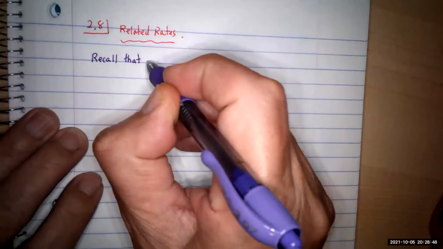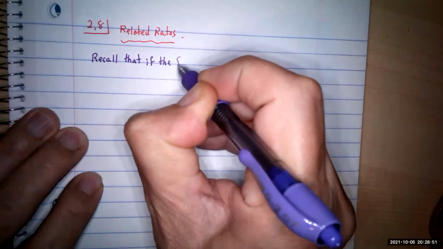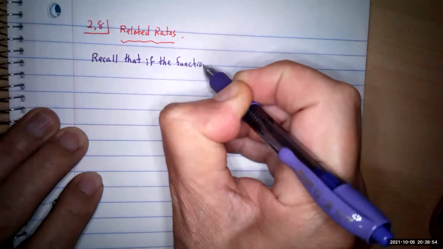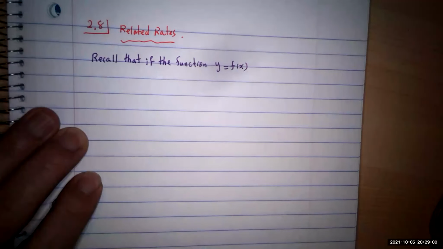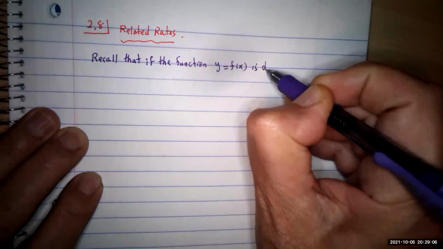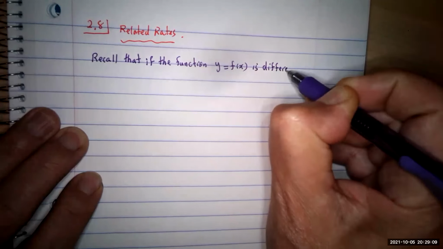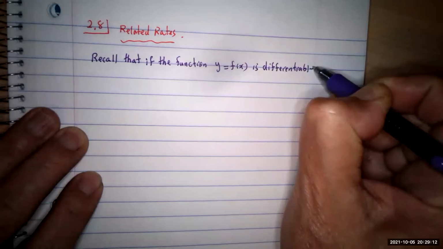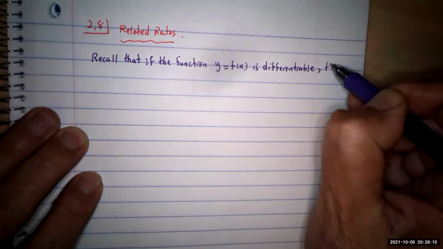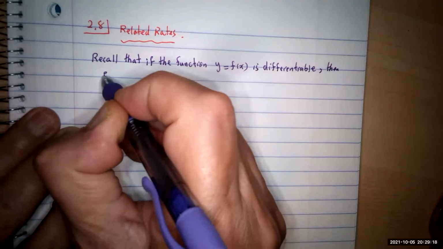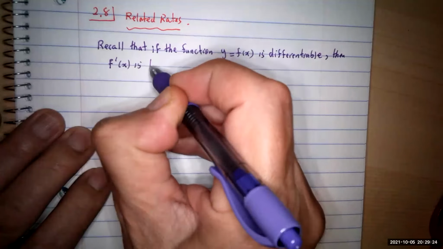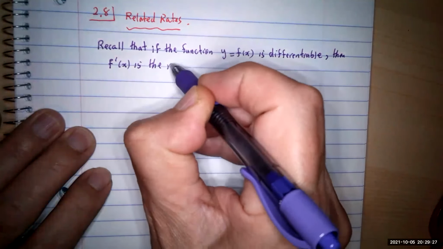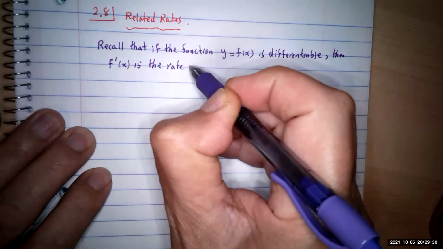Recall that if the function y equals f of x, like y equals x squared, or y equals x cubed minus 2x plus 1, is differentiable, meaning we can find the derivative, then as usual f prime of x is the rate of change.